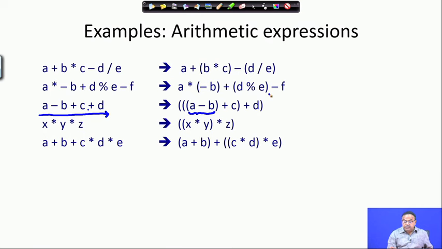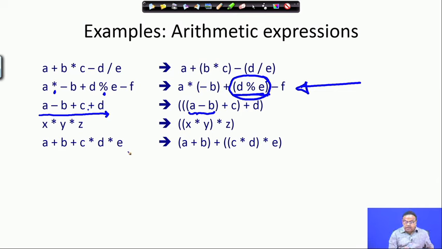But here is an example where I have used parenthesis to override the precedence. The precedence between this multiplication and this modulus was the same, but just by putting this parenthesis there, I have forced this to be computed first.